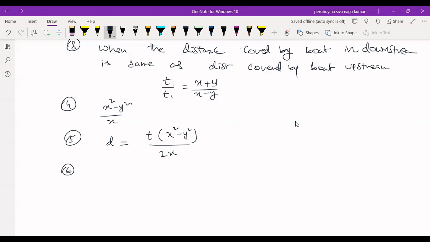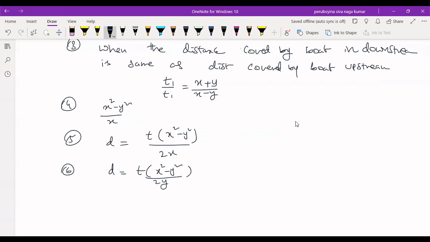Sixth point. If a boat takes t hours more in going upstream than downstream for covering the same distance d, then the distance between two places d is equal to t of (x square minus y square) by 2y.